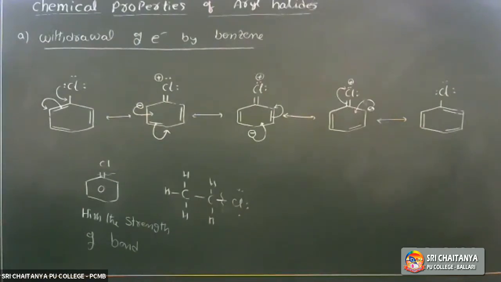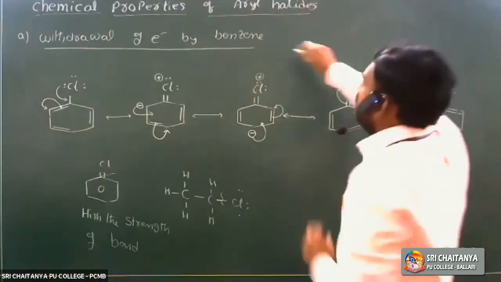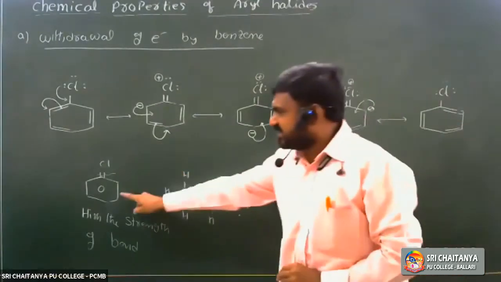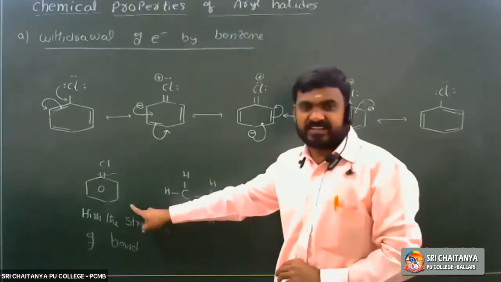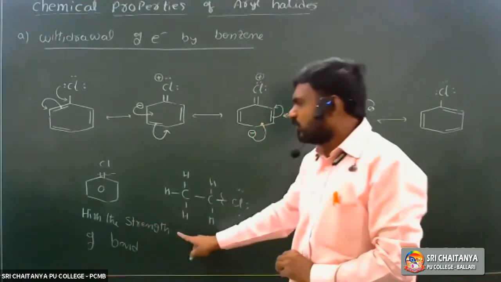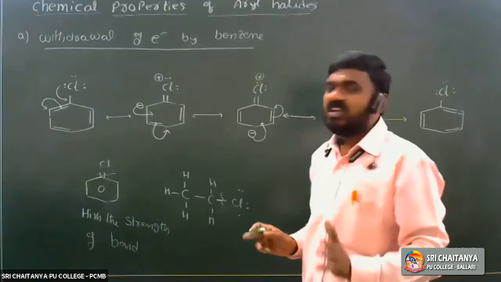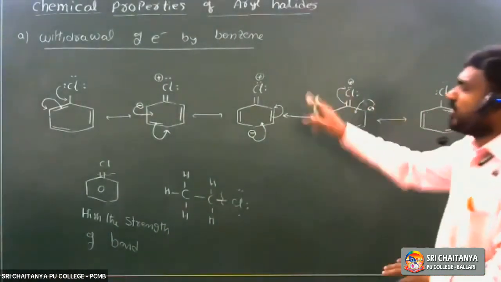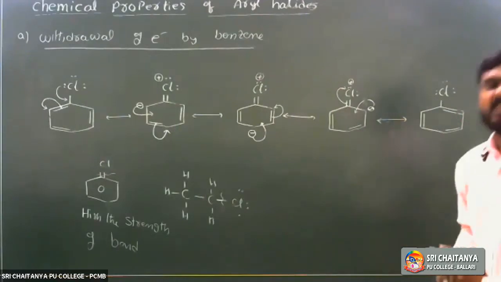This is the first reason, very important for both objective and public exams: withdrawal of electrons by the benzene nucleus, stabilized by resonance. In these resonance structures there is a partial double bond character, so the strength is more. Due to high strength, aryl halides are less reactive towards nucleophilic substitution reactions.